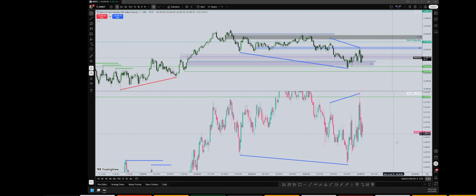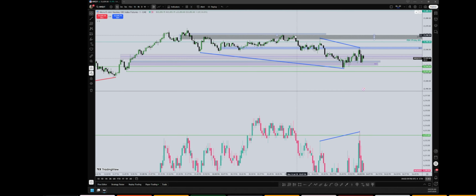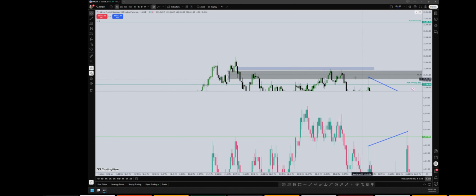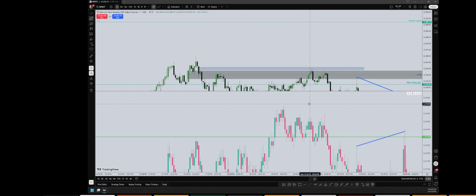For example, this area, the same issue happened over here as well. So it should be corrected. It's like this high and this high: it's lower over here and higher over here. It's not right. It's wrong. So that wrong will be corrected.